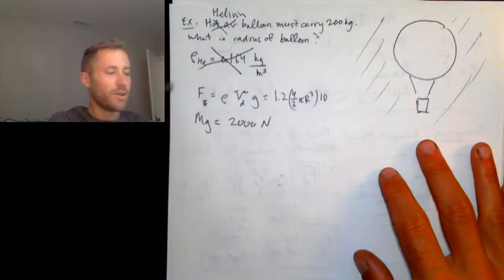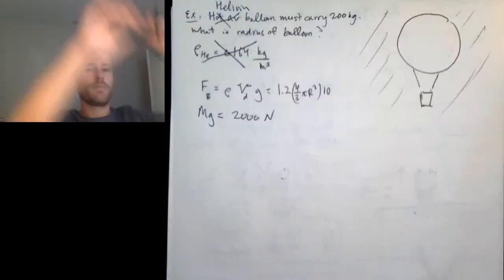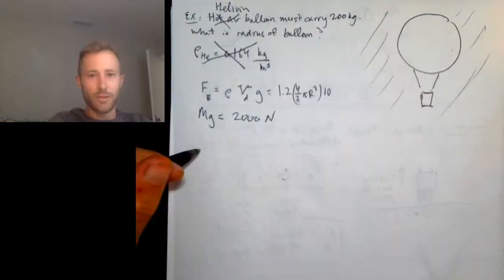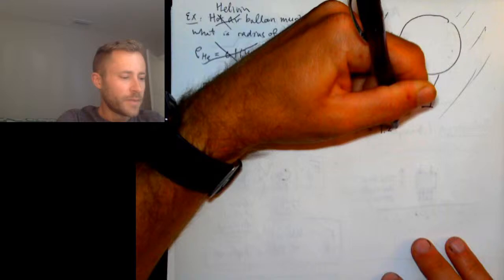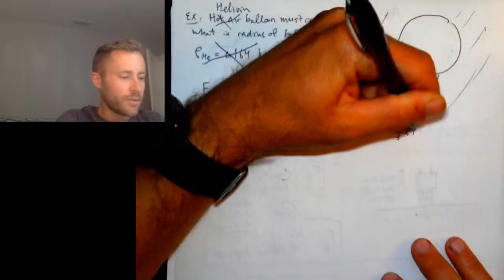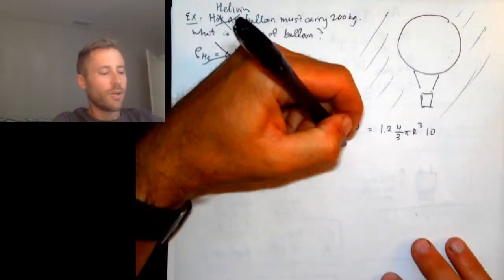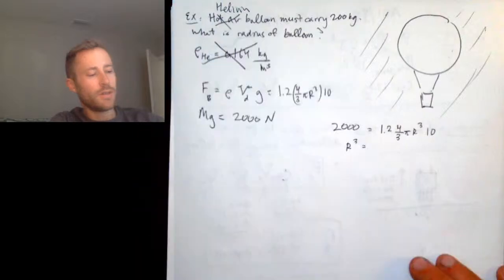Now, if the balloon is stationary, it's not dropping to the ground, it's not floating up into the sky, then these two have to be equal to each other. So we have 2,000 equals 1.2 times 4/3 pi r cubed times 10. And we can solve for r. So this says r cubed is the following.